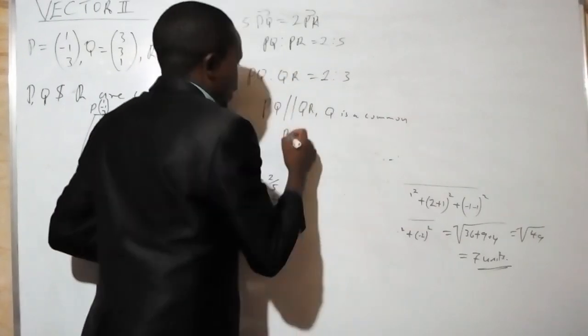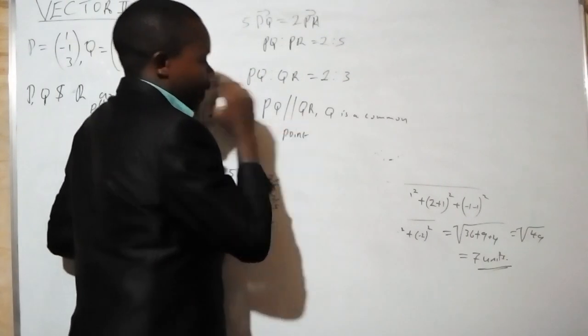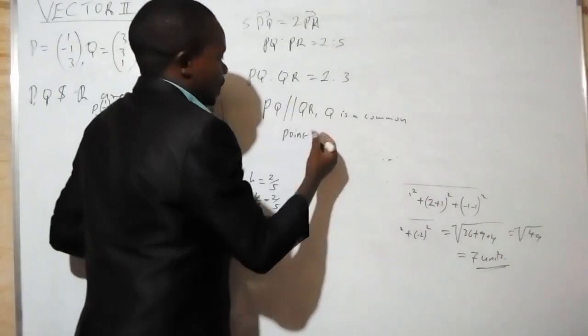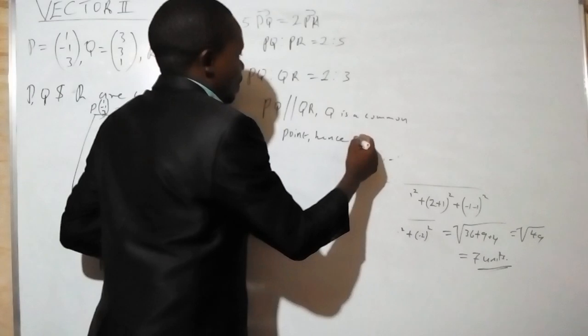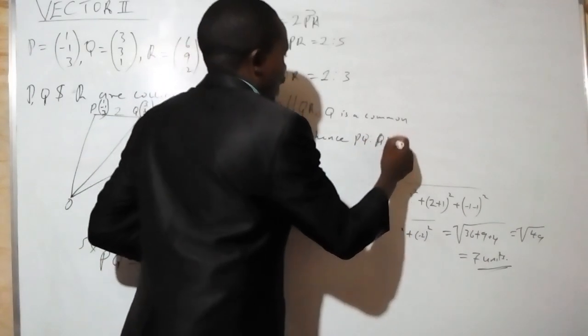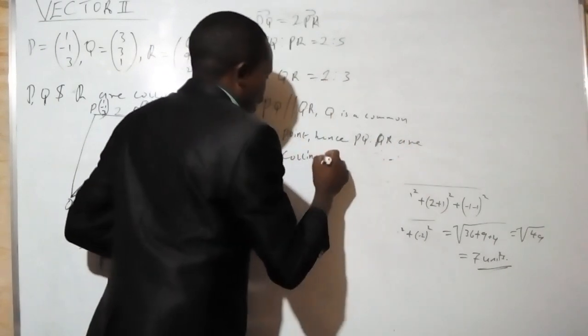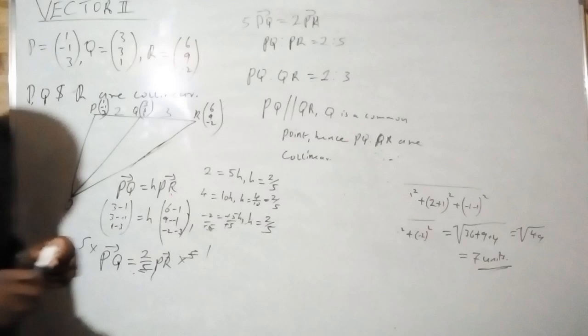Yeah, Q is a common point because here we have Q and here we have Q. So Q is a common point. Hence, PQ and QR are collinear. Yeah, that's how you're supposed to express that.